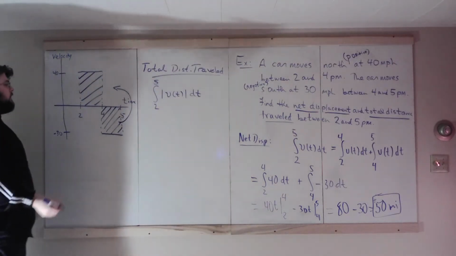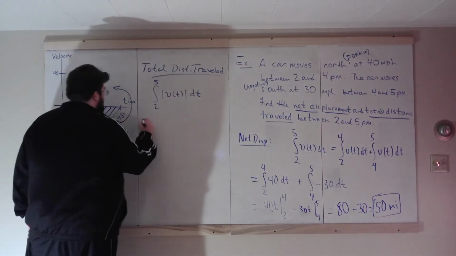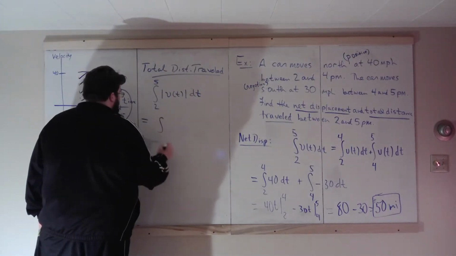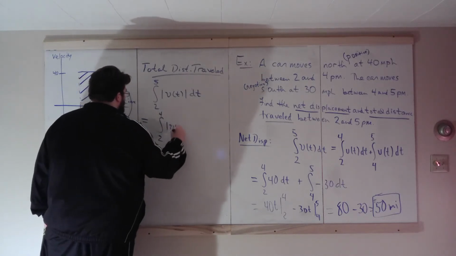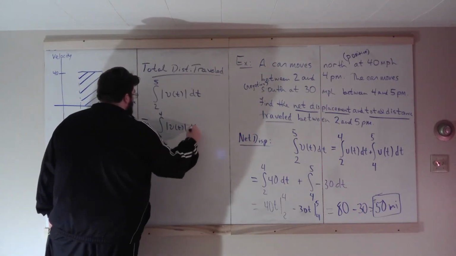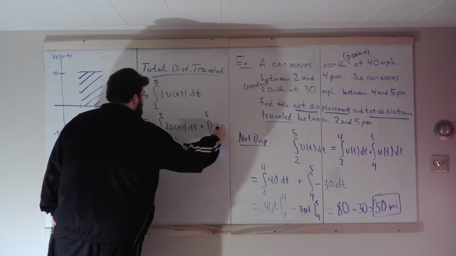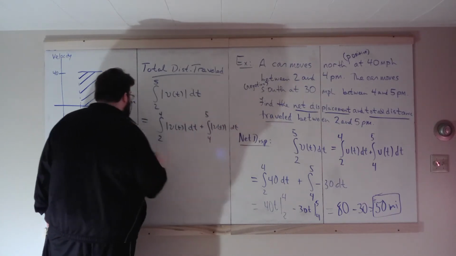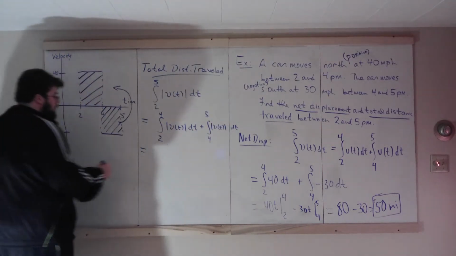And again, this velocity function, even if we move that above, is defined piecewise. So it would turn into the integral of, let's say, 2 to 4. Let's split it before taking the absolute values. Plus integral 4 to 5 of absolute value of v of t dt. The absolute value of v on 2 to 4 is 40.